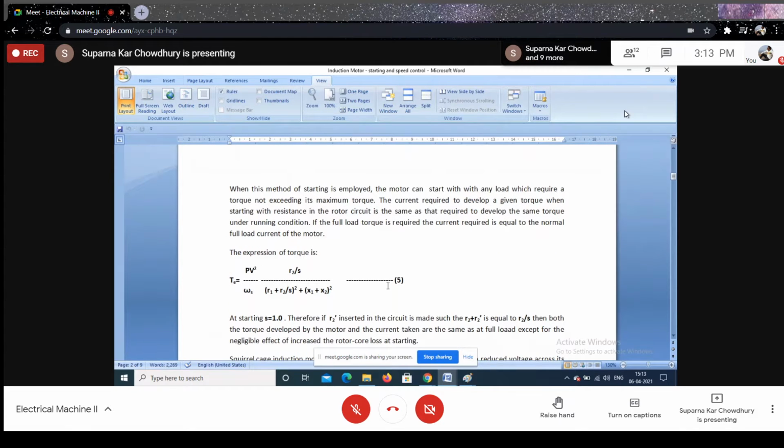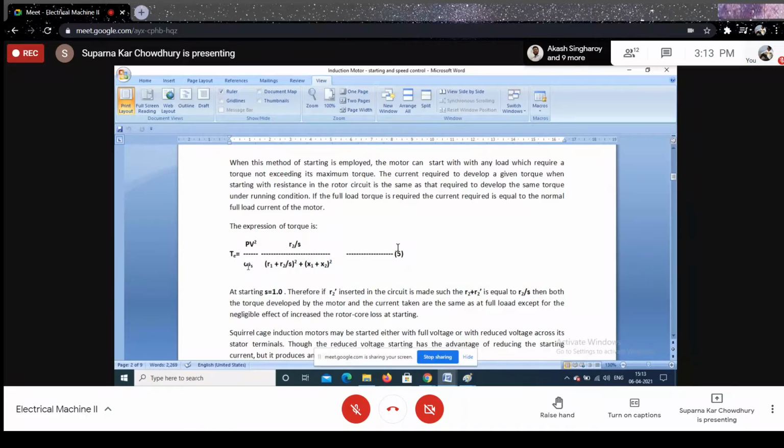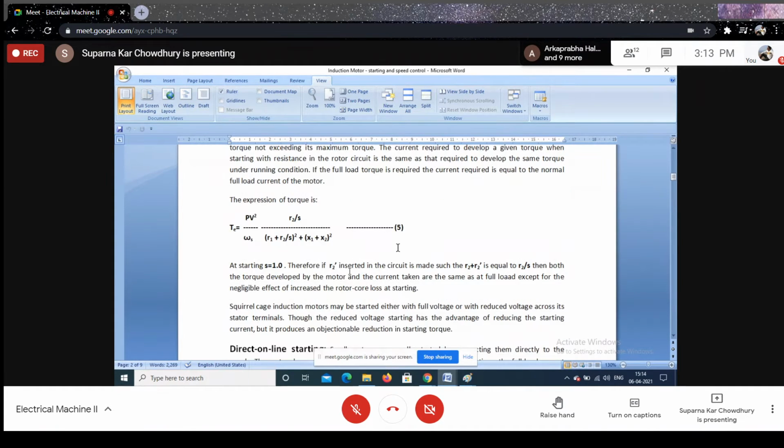So the approximate expression of torque is this, where m is the number of phases, so m times R2 by S, divided by (R1 plus R2 by S) square plus (X1 plus X2) square.